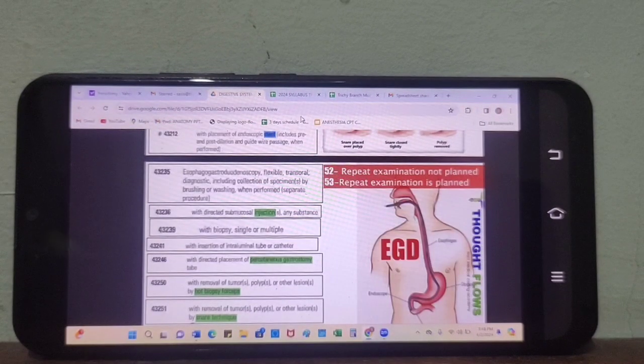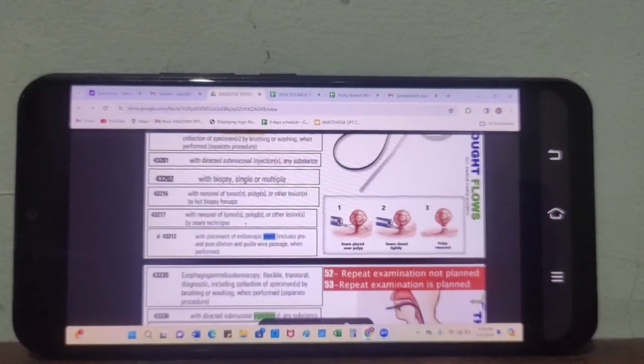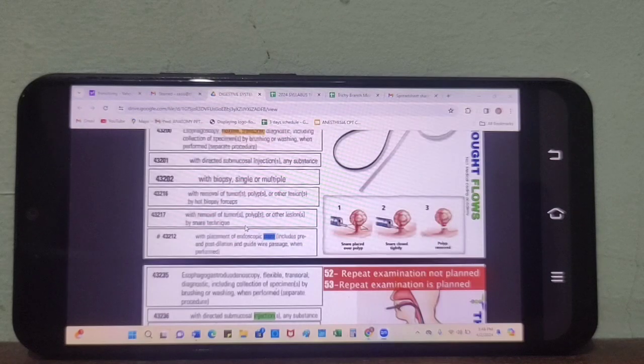We should not append both of the modifiers, 52 or 53. Okay. Now, this information is not only for esophagoscopy, it is for the entire scopy.